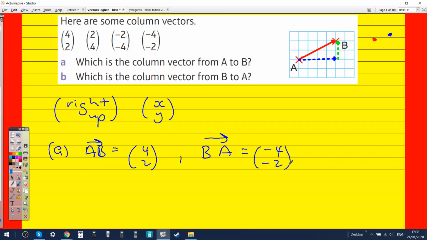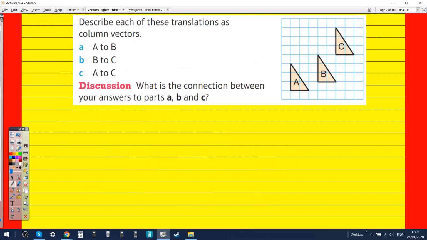What you'll see a lot with vectors is that they'll just turn it into algebra. So they will just say, let's just call AB the vector a. And so BA would just be -a. So when you're going with the arrow, it's positive, and when we're going back the other way, it's negative. That's just how it works.